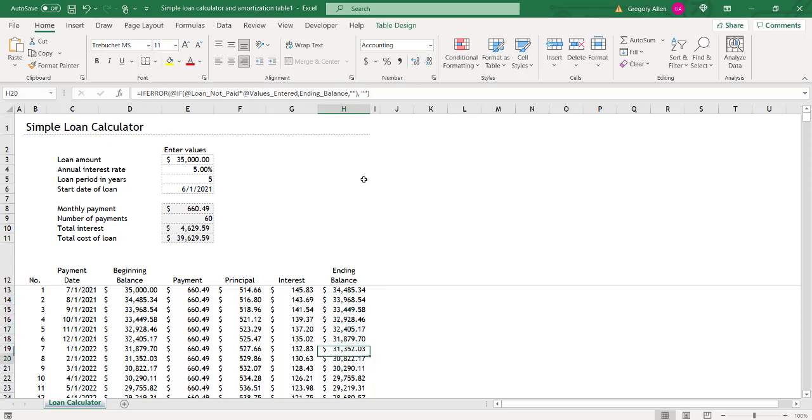And then it's done this for every month, right? So I can go down here and I can see at the end of the second year after payment 24, the amount I owe is down to $22,000. In my younger days, I would buy a car and I would keep it until the amount left on the loan was equal to the trade-in value of the car.